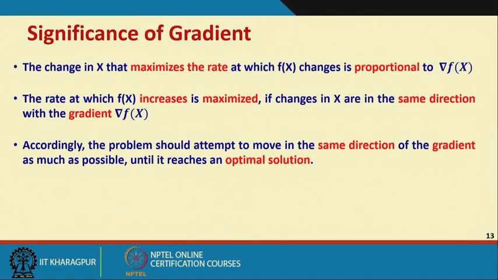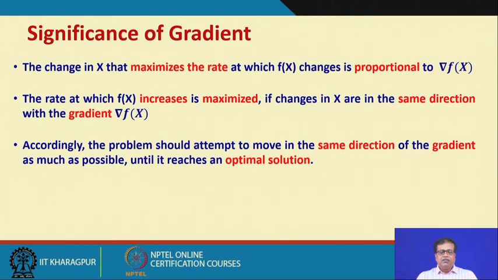We have to put gradient equal to 0 to find out our extreme point. Now, the significance is this: the change in x that maximizes the rate at which f x changes is proportional to the gradient.